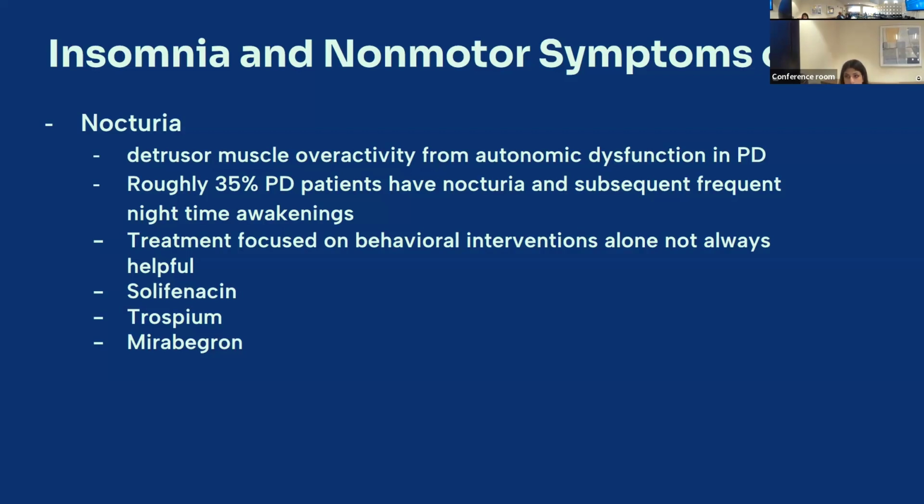So reducing fluid intake. The medications I saw, solifenacin, it's a muscarinic inhibitor with minimal CNS penetration. There was a prospective study for urinary dysfunction in Parkinson's that showed improvement. Trospium and mirabegron are not really studied as much in this patient population, but can be options as well.